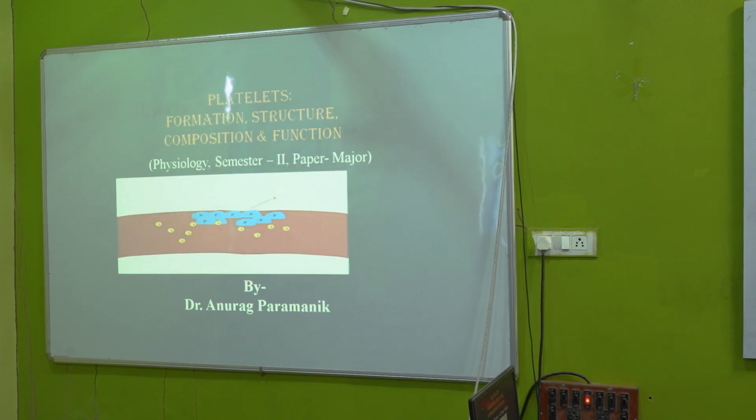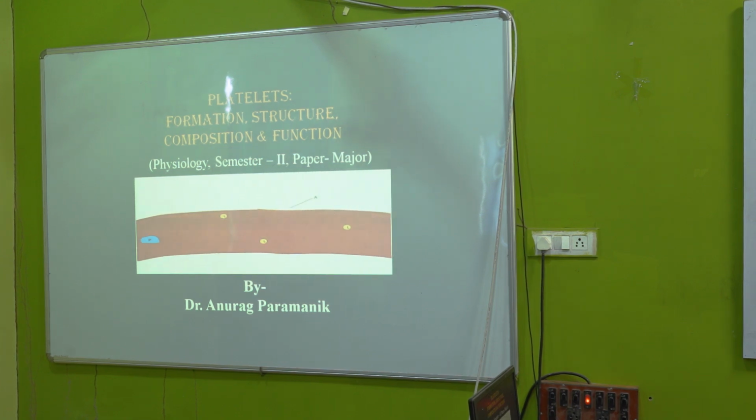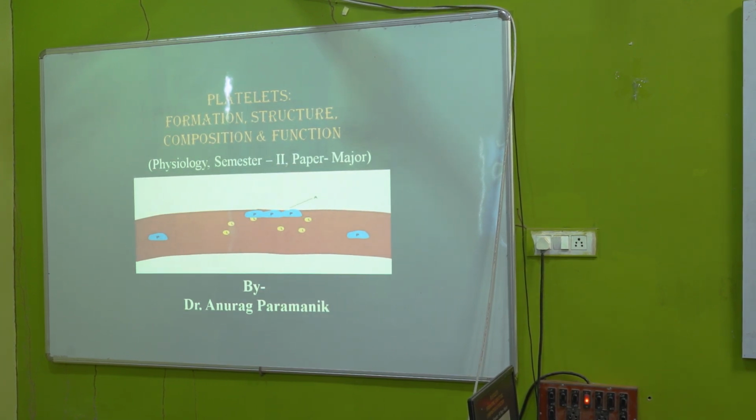Platelets are blood corpuscles. We already know about the blood cells. There are three types of blood cells: RBC, WBC and platelets. Among them, platelets are associated with the blood clotting mechanism.